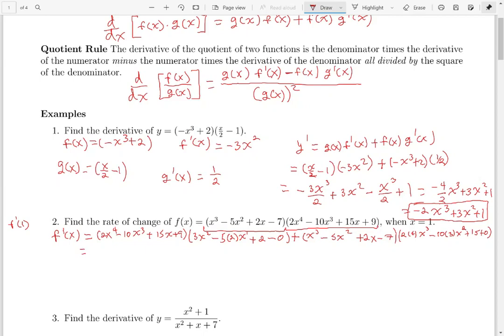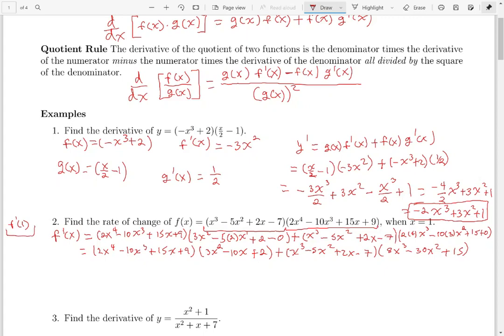And so I get that this is 2x to the fourth minus 10x cubed, nothing's changing here, plus 15x plus 9, and then 3x squared is 3x squared minus 10x plus 2 plus unchanged x cubed minus 5x squared plus 2x minus 7 times 2 times 4 is 8x cubed minus 30x squared plus 15.